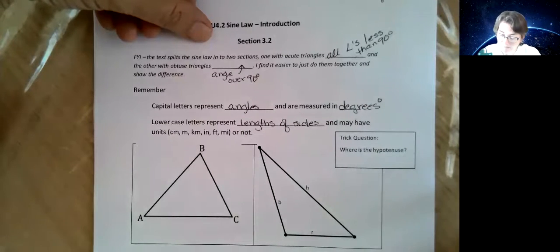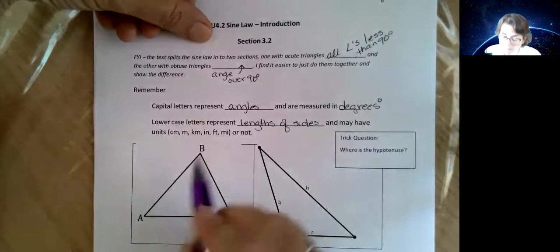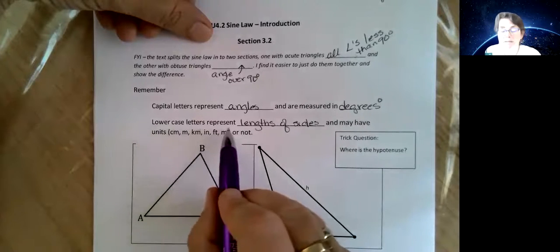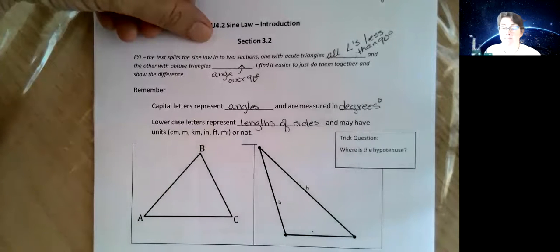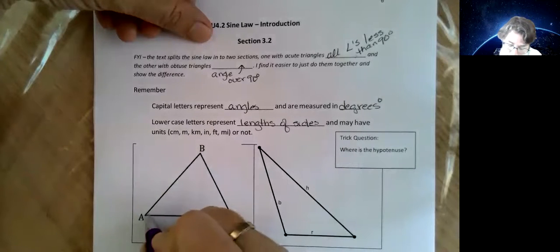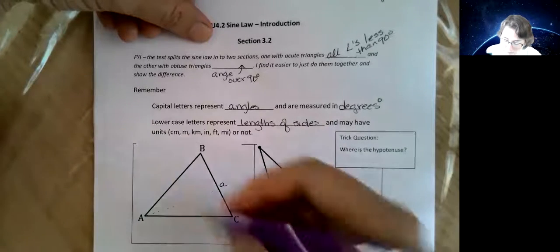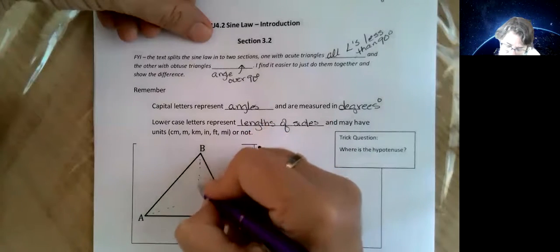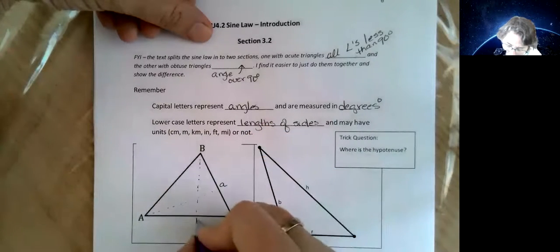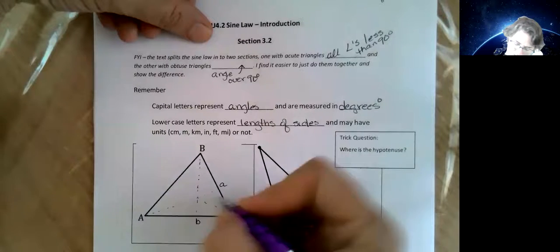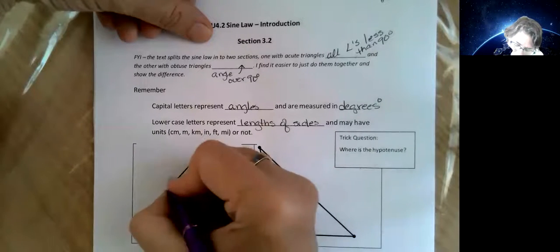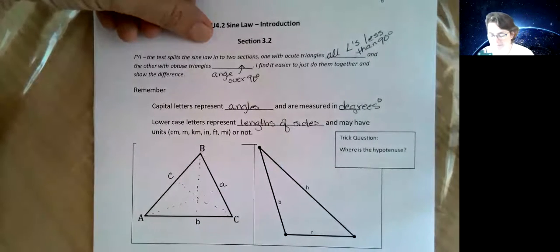All right, so you need to be able to do some labeling. Not only do they represent the sides, but it's a side opposite the matching angle. So if we go from A and go across, then this side is little a. If we go from B, we go across the opposite side, this is little b, and if we go across like this, that's little c.